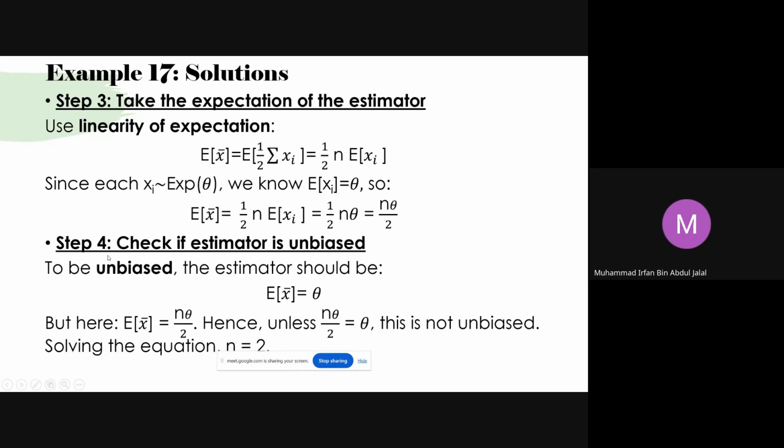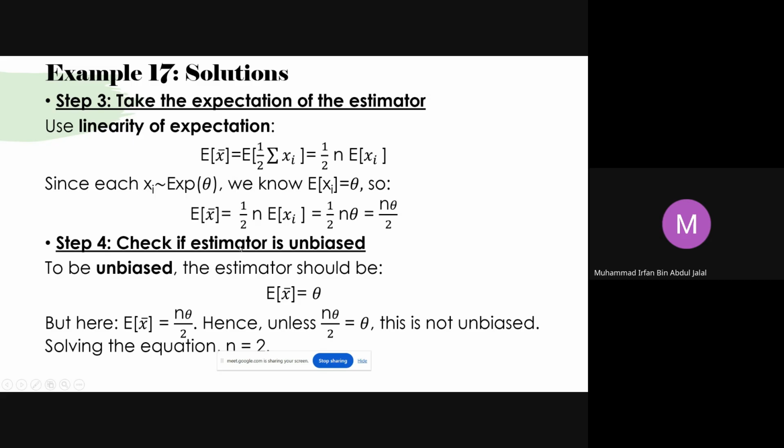So we can simply substitute theta here, and then this is the expectation of x bar for this question, which is n times theta divided by 2, because we substitute the expectation of x here with theta there. Okay, so n theta divided by 2.